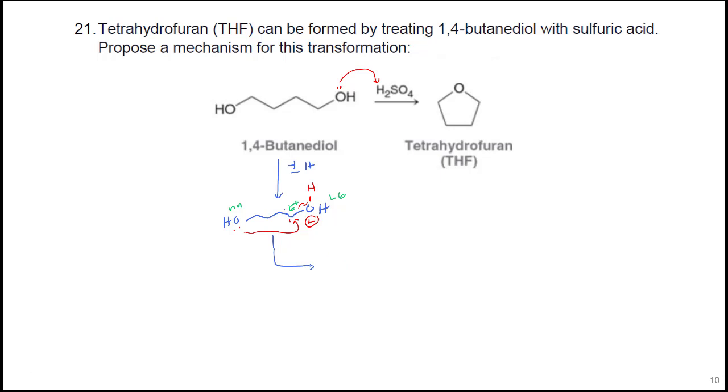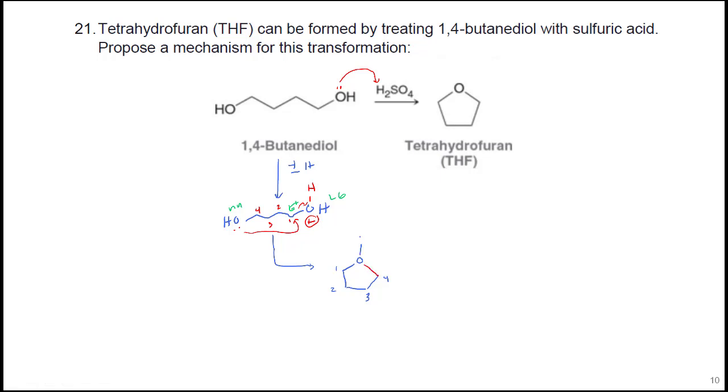And if I count my carbons, that's the one doing the attacking. I have an oxygen here, and then carbon 1, 2, 3, and then there was 4. And then there was a new bond between the oxygen to carbon right there.